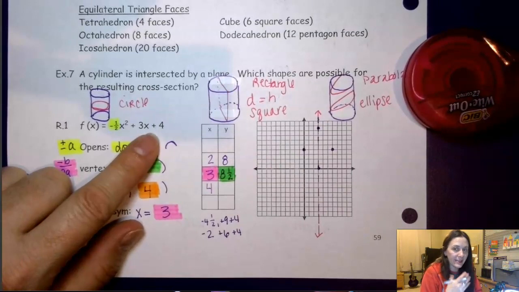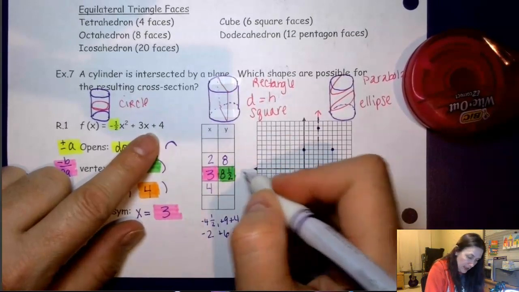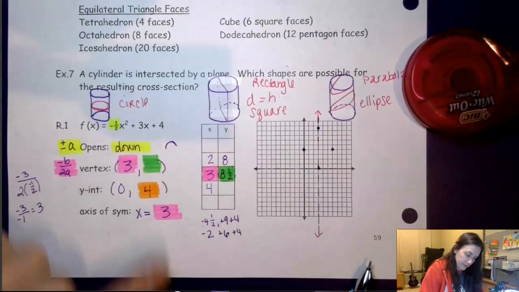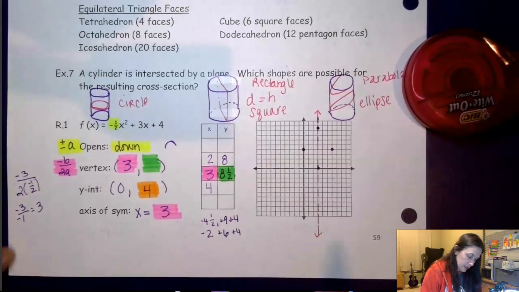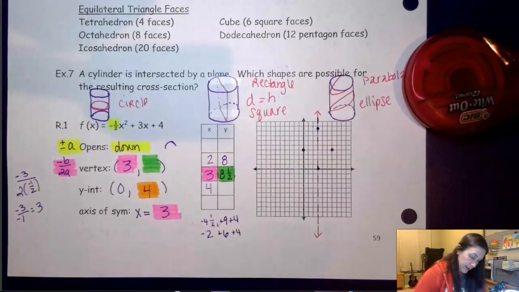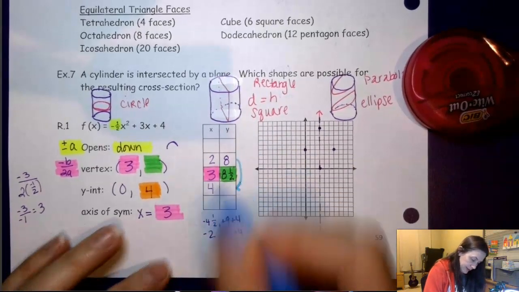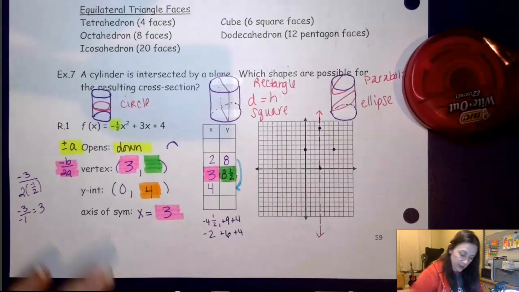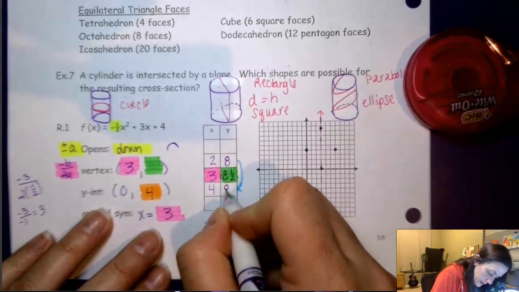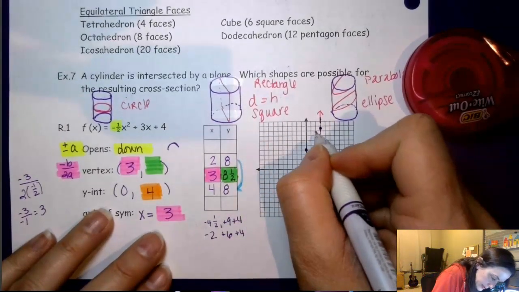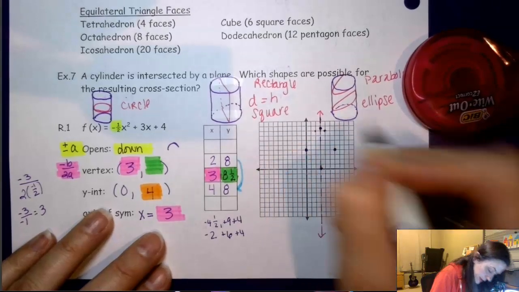What's really nice is that this is going to be the same as this one down here. So if this right here is 8, this one down here is also going to be 8. I don't even have to plug it in. I just know it's going to work, because if I go 2, 8, I know it's going to have to be in the same spot.